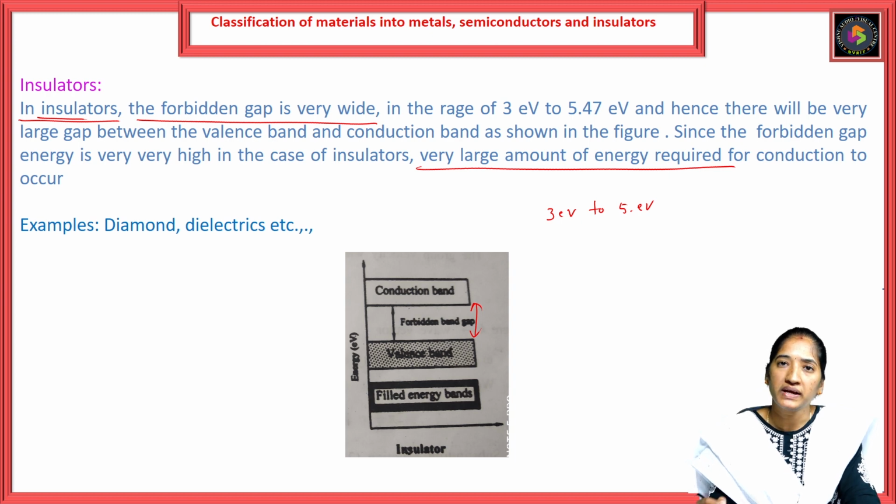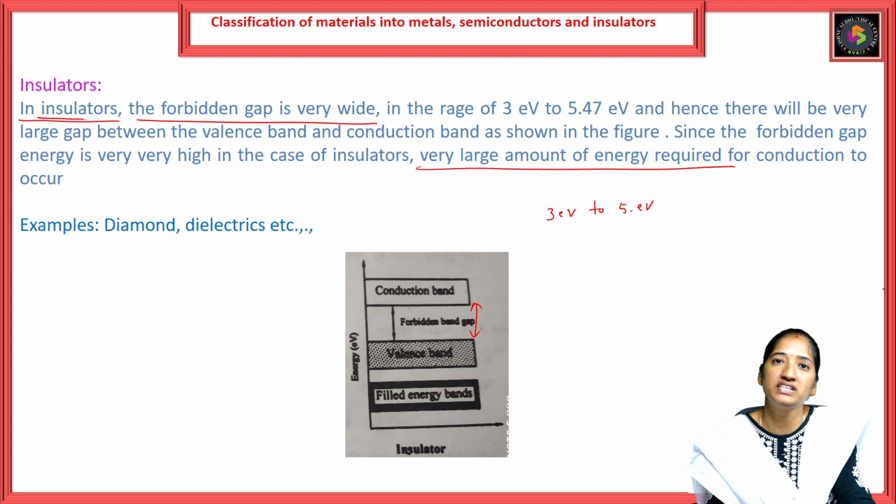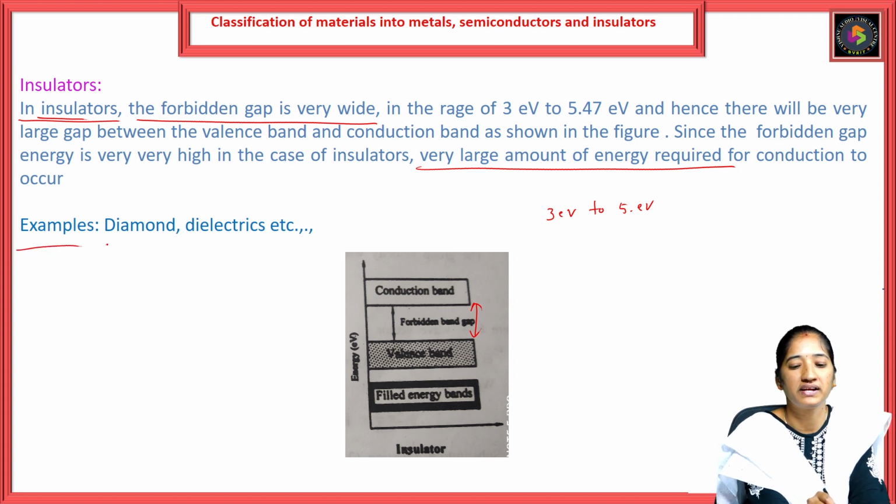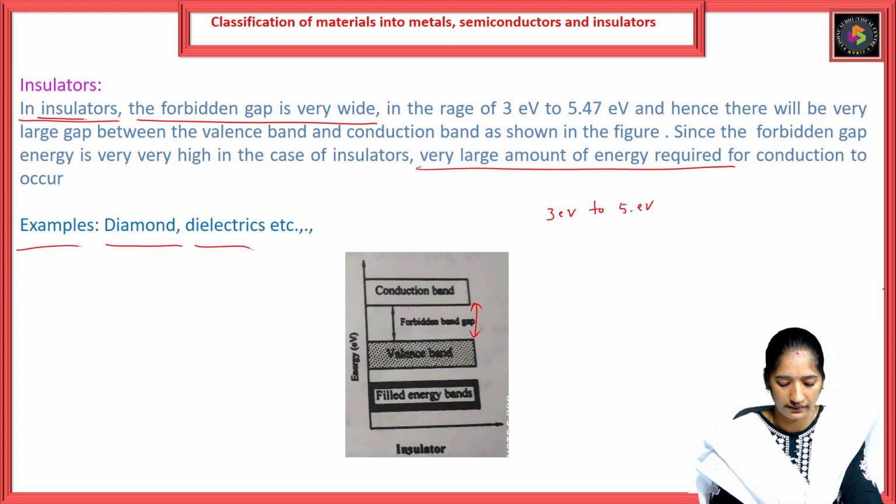Because of this very large forbidden band gap, we should apply a large applied field for producing the conduction of electrons. The examples of insulators are diamond and dielectrics.